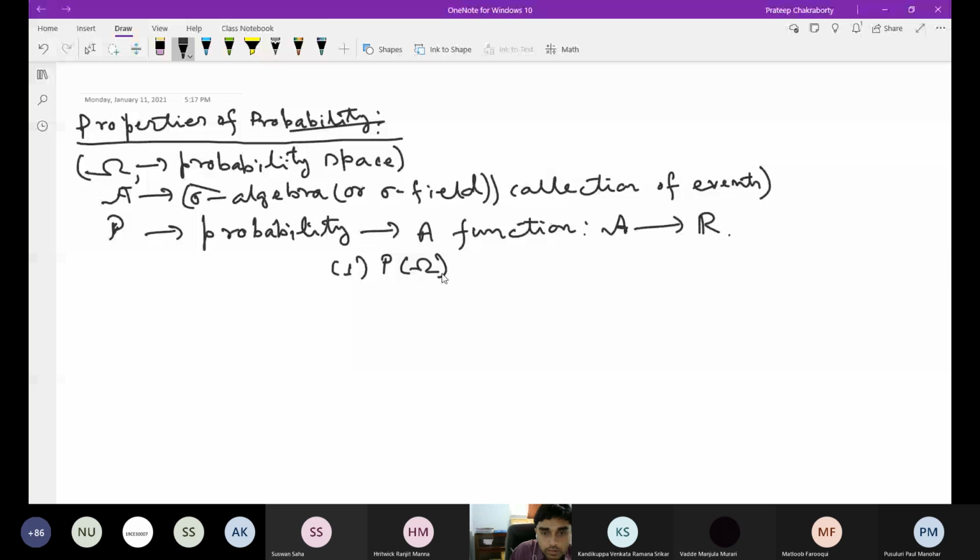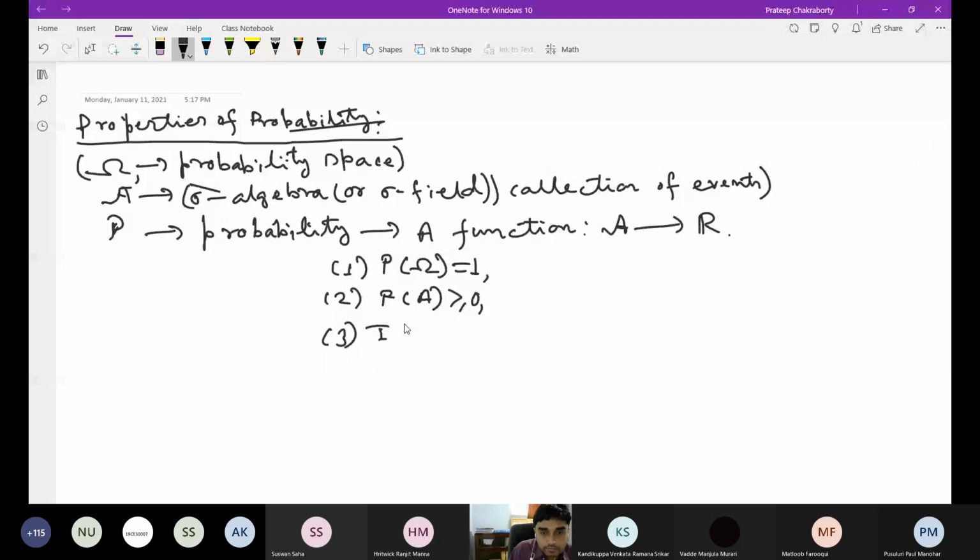So the full set has probability 1. That means the set contains all possible outcomes, so it has probability 1. Now P(A), if you take any event, its probability will be either greater than 0. It may have some probability or may not. If it has some probability it is greater than 0, if it has no chance then it is equal to 0. It cannot be negative.